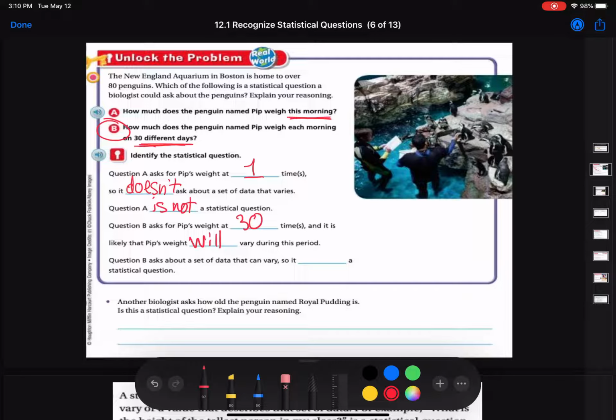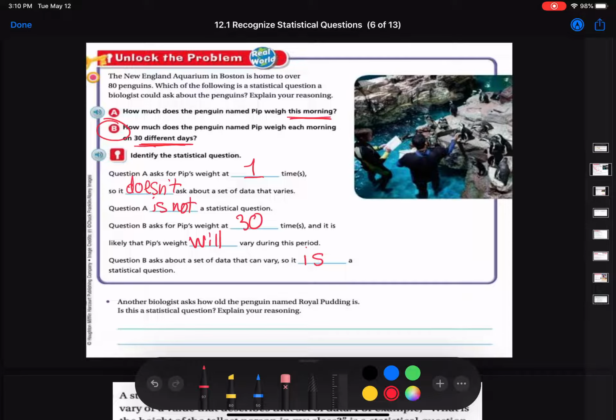So question B asks about a set of data that can vary, so it is a statistical question because you're looking at 30 different days, weights. So therefore it's a statistical question as opposed to A, it's just one day. That's it.